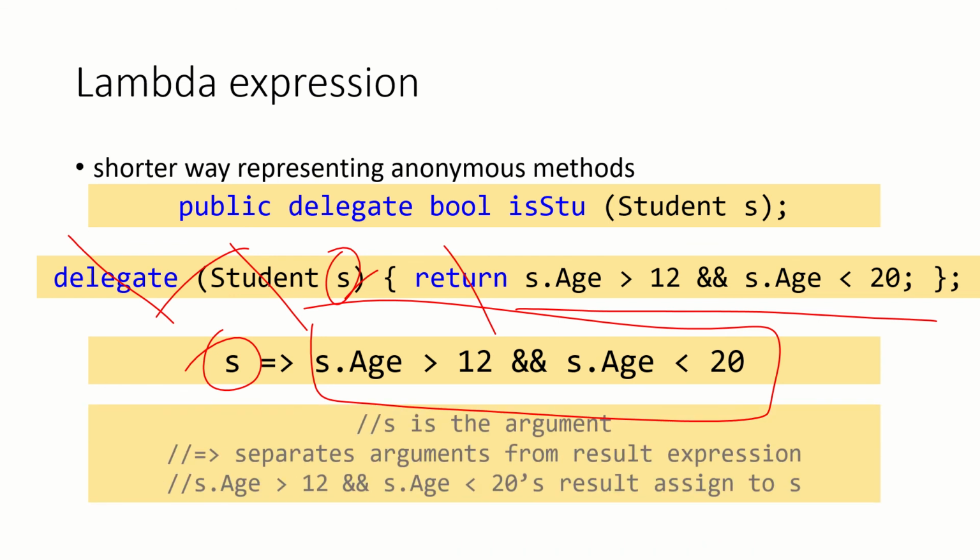So the syntax is, first you need the argument. What's the parameter? Then use the equal and the greater-than sign to separate the argument from the expression. In the expression, you need to make sure it matches the return type.